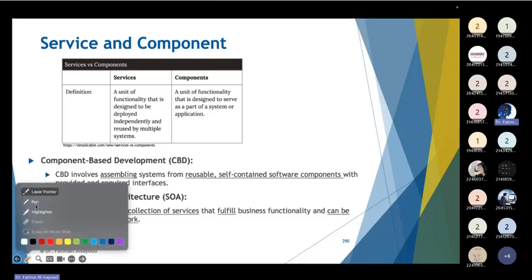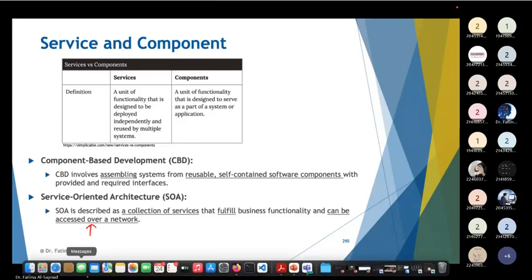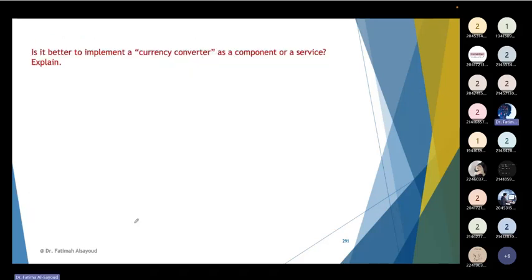This is actually the keyword that tells you it's a service. When it is within my organization, I'm using my own communication and the way that I access it. But when it's a service, I'm using a provider, meaning it exists outside the organization. I need to access it over a network, and through the network I access it and choose from it. So that's how it's different.